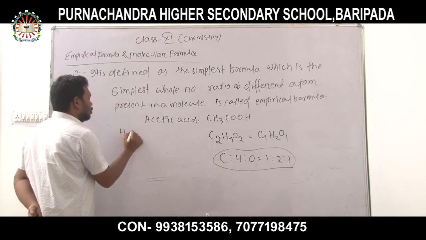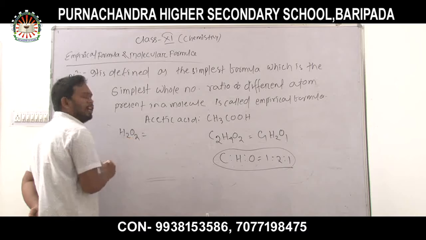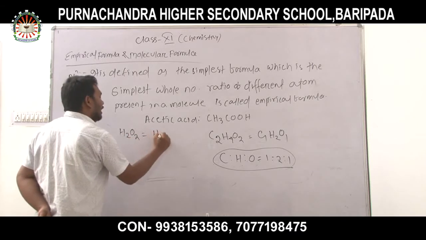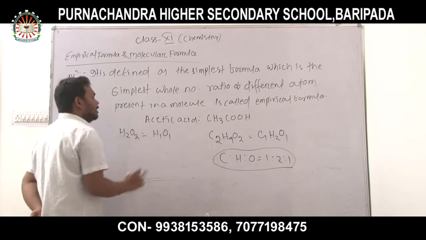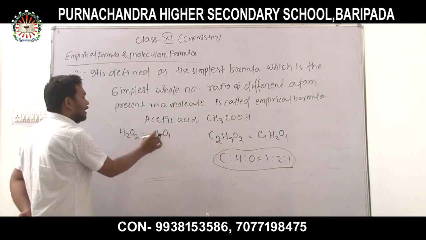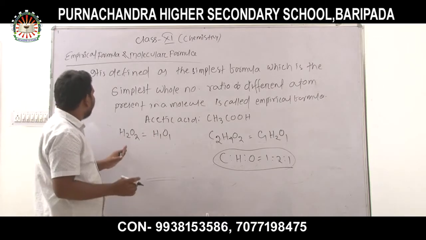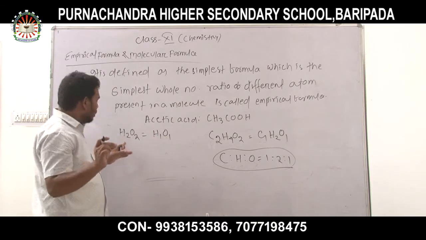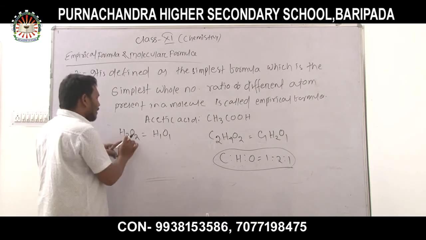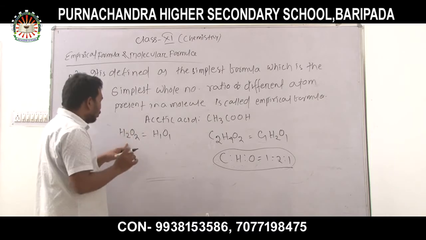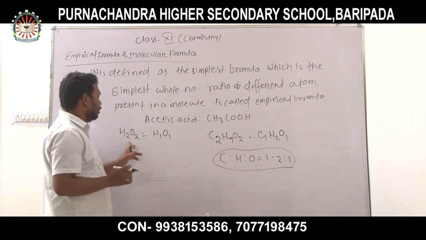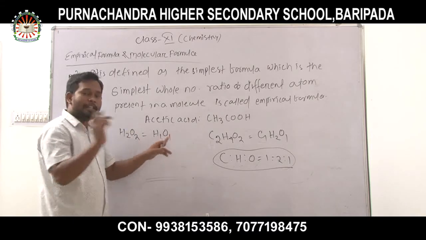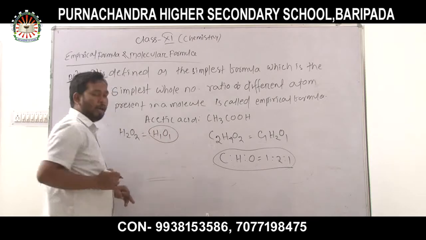Similarly, H2O2, its empirical formula is H1O1. Thus, its simplest whole number ratio is H1O1, because one number can be taken by which both can be divided: 2 divided by 2 is 1, and 2 divided by 2 is 1. Thus that is H1O1. It is the empirical formula.